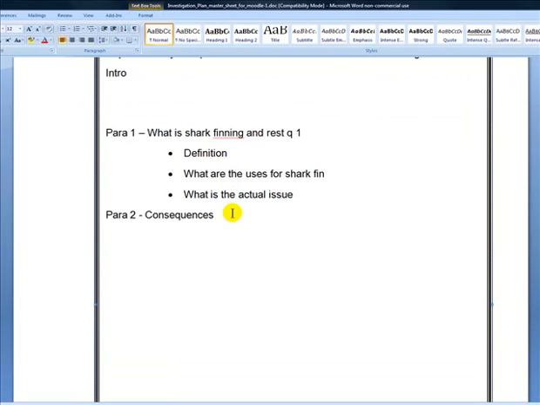Now in my second paragraph, in the consequences section, I need to come up with some points that I'm going to raise in terms of consequences. So again, with the formatting, forward that through, and I'm going to look at marine ecosystems, and I'm also going to be looking at human populations.